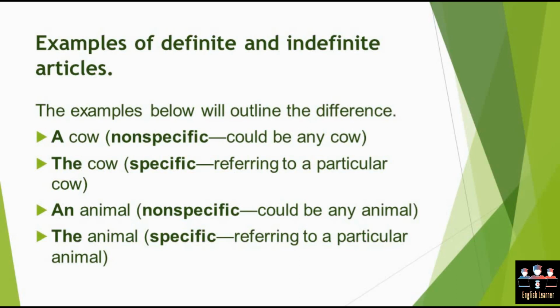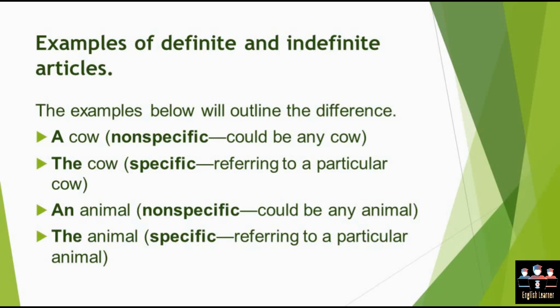A cow means whenever you are going to say a cow, you are not going to specify which cow you are talking about. That can be any cow. But whenever you say the cow, it means that particular cow which you are talking about.